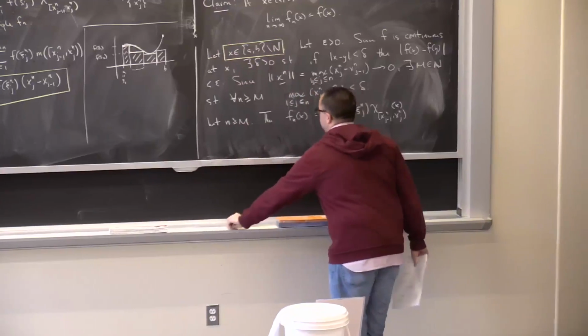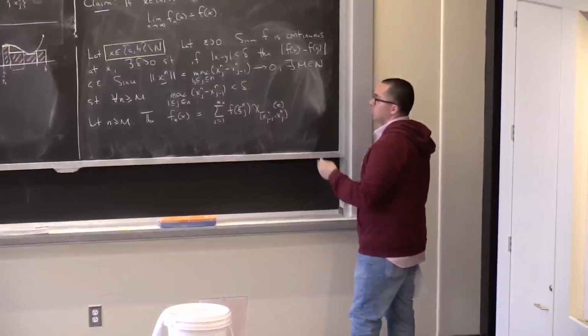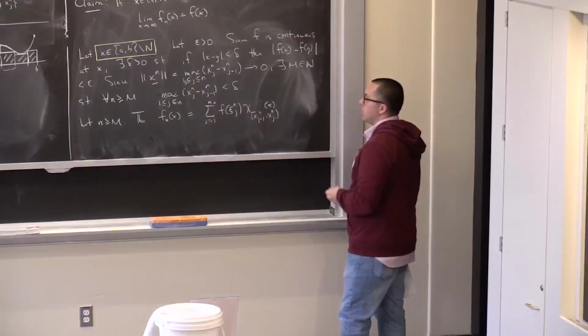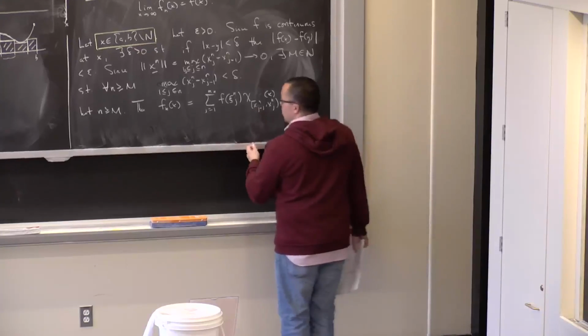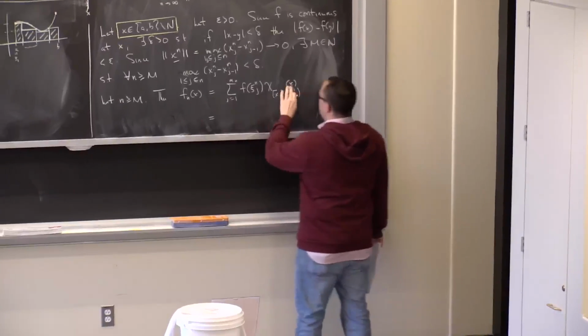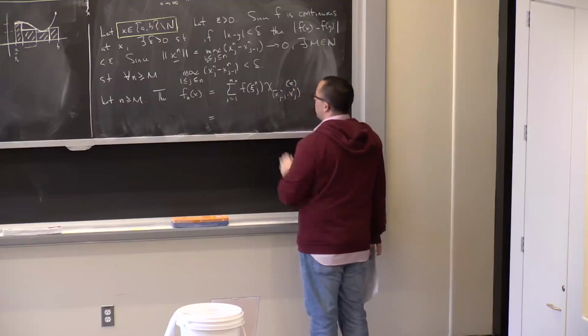Okay? x_j^n is always a partition point. x_m^n is always b, so I'm always taking away b and a. So this x must lie in one of these intervals but not be one of the partition points.